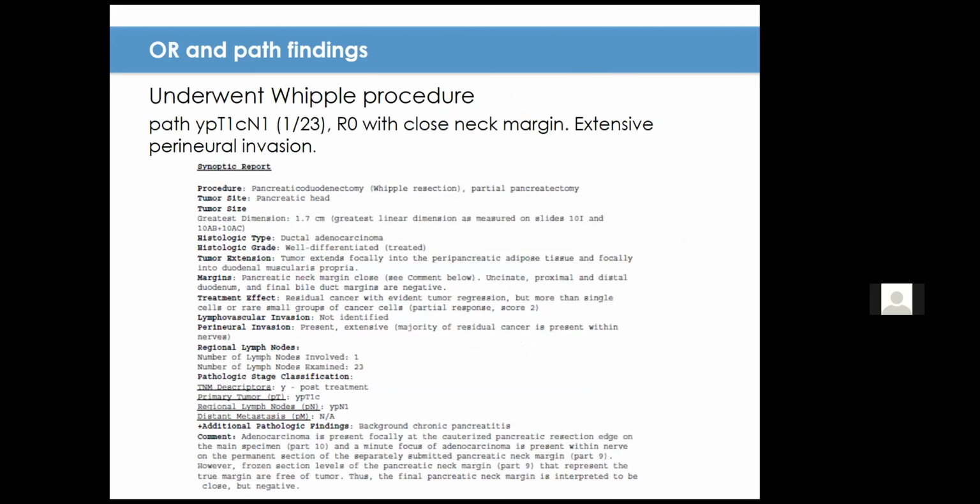She was discussed again at tumor board, and the decision was to actually explore her. She then underwent a Whipple procedure with a pathology report of T1 N1 tumor with R0 resection, but a close neck margin and extensive perineural invasion.